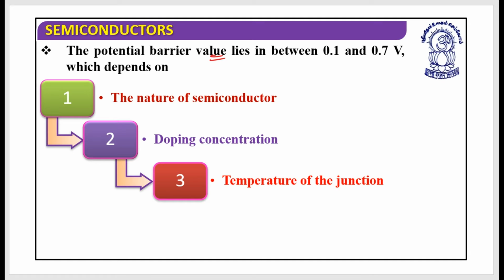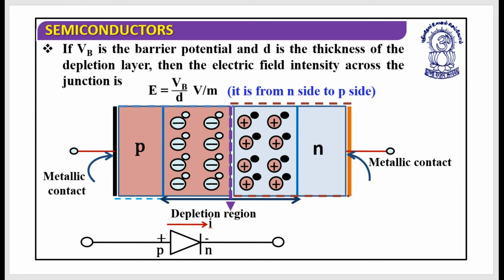Basically the potential barrier value lies between 0.1 and 0.7 volt, and it depends on three parameters: the nature of the semiconductor, the doping concentration, and the temperature of the junction. So if VB is the potential barrier and D is the thickness of the depletion layer, then the electric field intensity across the junction is E = VB/D.